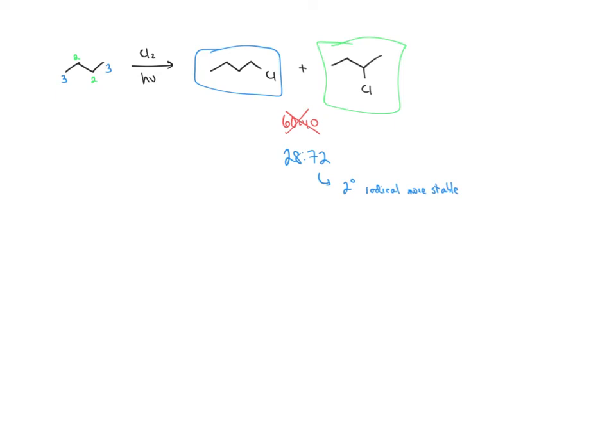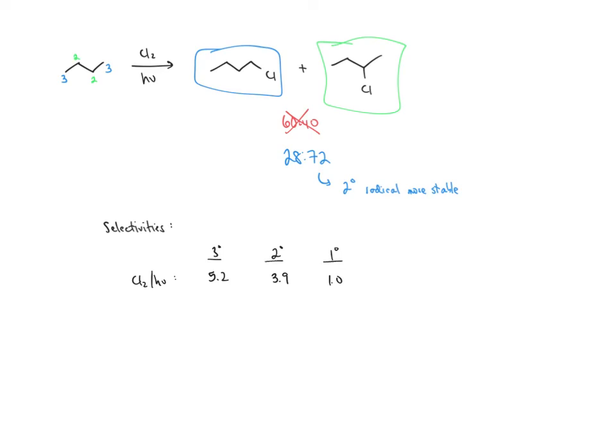And so let's draw out what the selectivities are. So for chlorine and light, the selectivities are 5.2 for a tertiary center, 3.9 for a secondary center, and 1.0 for a primary center.